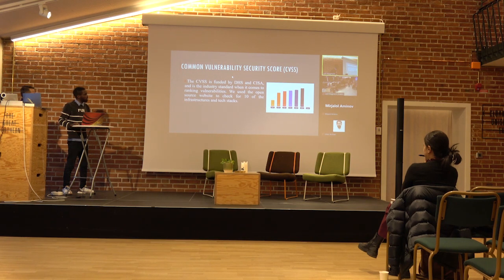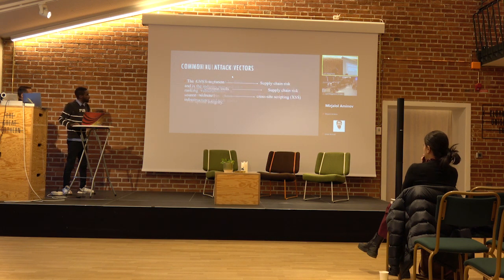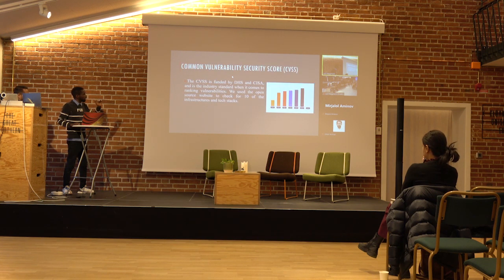On this open source website, you can check the vulnerability score of a particular application or tech stack, and that is what we did for all the tech stacks we had. If we had enough time, we would have ranked them based on how critical they are to the system.